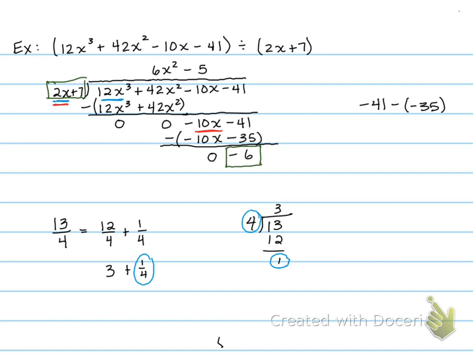Because if I have one person and I'm trying to make a group of 4, I have 1/4 of a whole group. Does that make sense? So the remainder is written as a fraction. So -6 over your divisor.